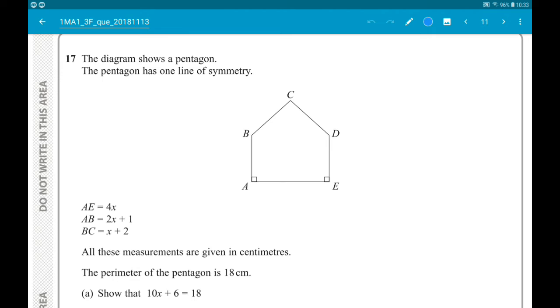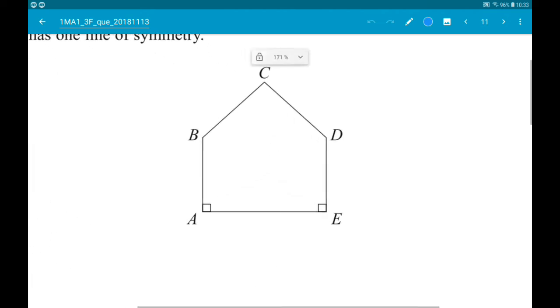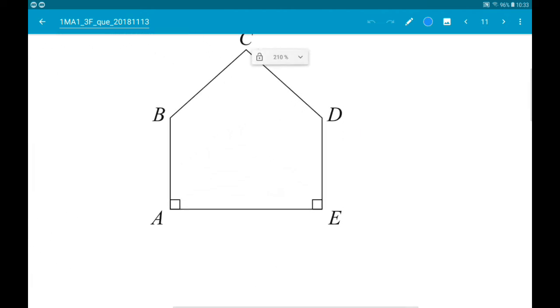Okay, so forming and solving equations. So, again then, we are told AE is 4x. So, AE is down here. We are told that AB is 2x add 1.